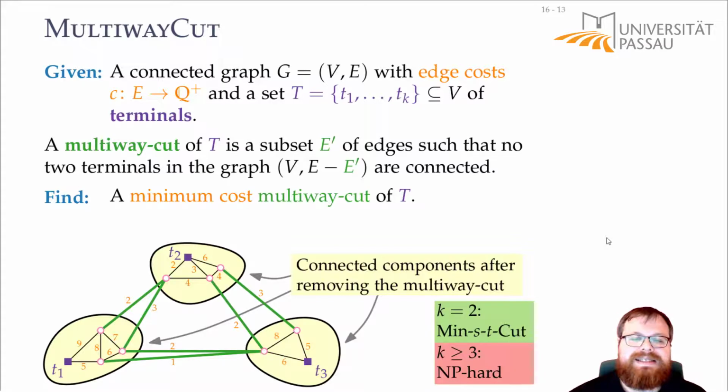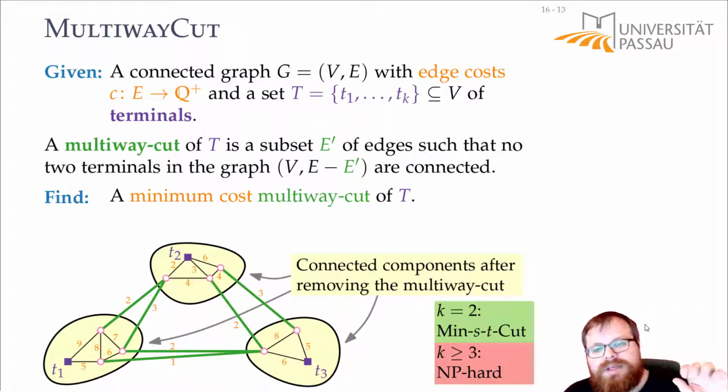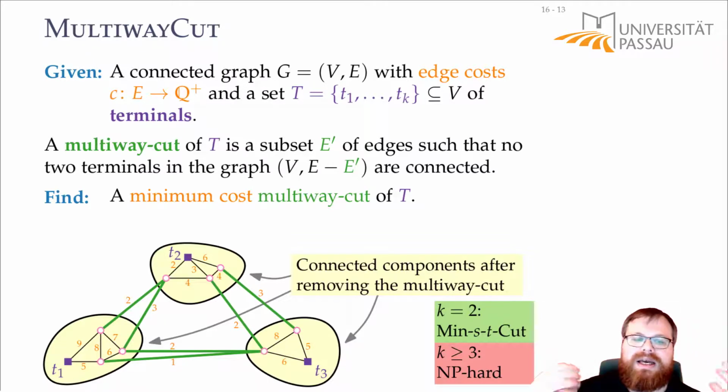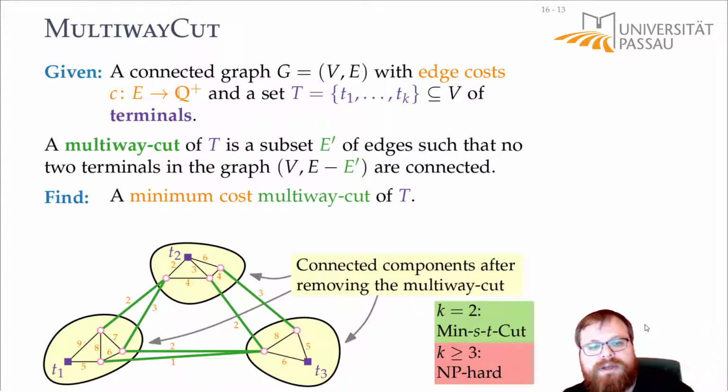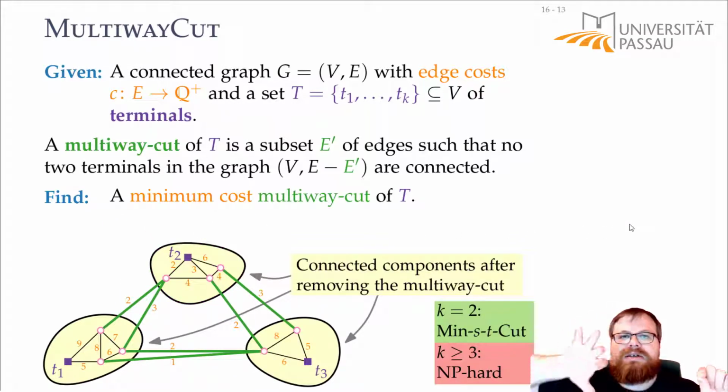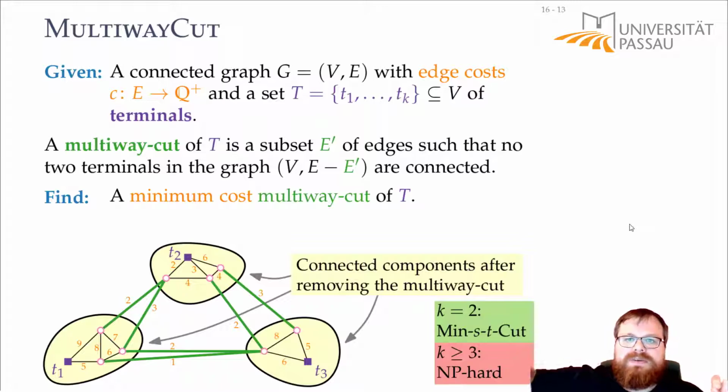So then it makes sense to try to approximate it. And to try to approximate it, we somehow want to use knowledge that we have from the k equals 2 case. In the k equals 2 case, we have one terminal that we want to separate from another one. And here, if we just look at one terminal T2, basically we want to separate it from all the other ones. So we want to find some cut that cuts T2 off from everything else.